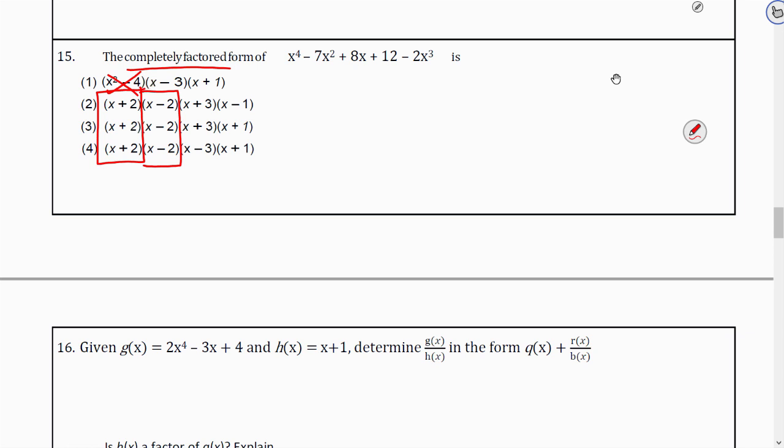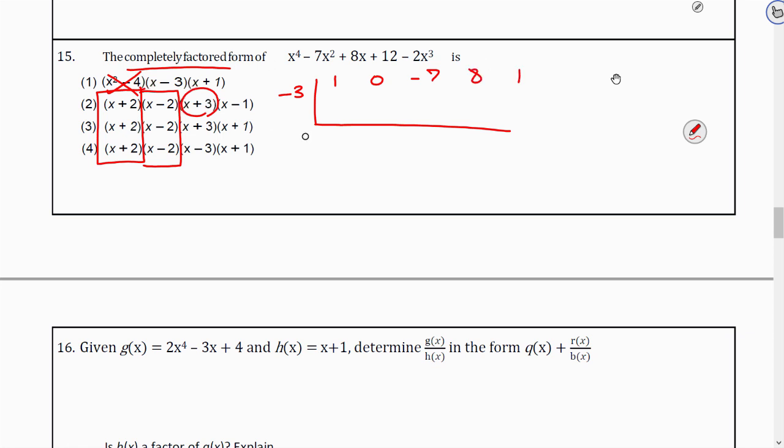So I'm going to use synthetic division to see if 3 or negative 3, and if 1 or positive 1 is a factor. Okay, so I'll do synthetic division because it's x plus or minus a number, and I'll start with the negative 3, testing to see if this is a factor or not. We pull off the coefficients, 1, negative 7, no, I'm missing x cubed terms, so 0, negative 7, 8, oh, just kidding.